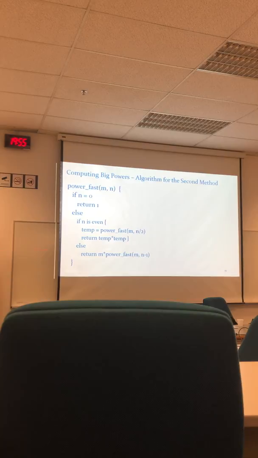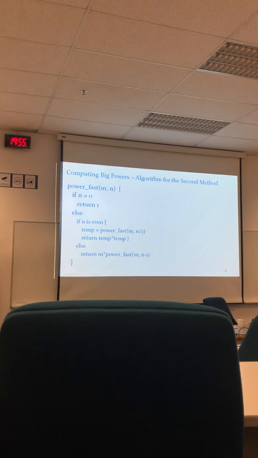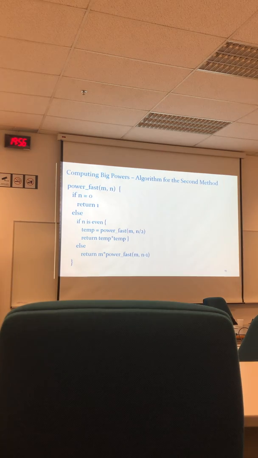Here, you may wonder why I say this case is reduce and conquer, since we solve this problem and this problem. No, we don't solve two problems. Every time we only solve one problem, because n can be either odd or even, it cannot be both. If n is even, we will solve the problem m to the power n divided by 2.